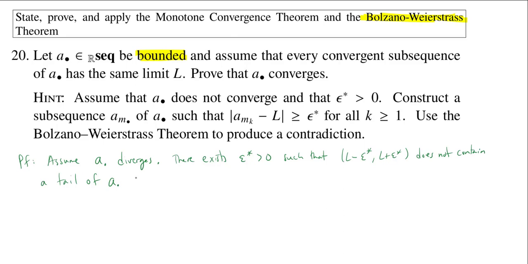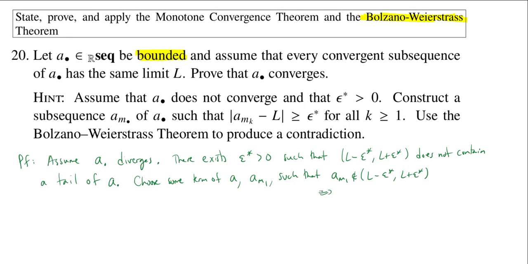We can choose some term of A, and we're going to call it A_M1, such that A_M1 is not in the L coin.